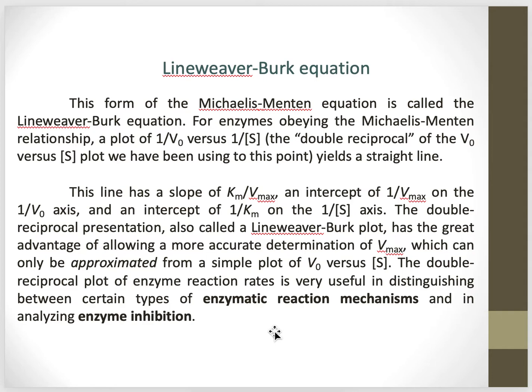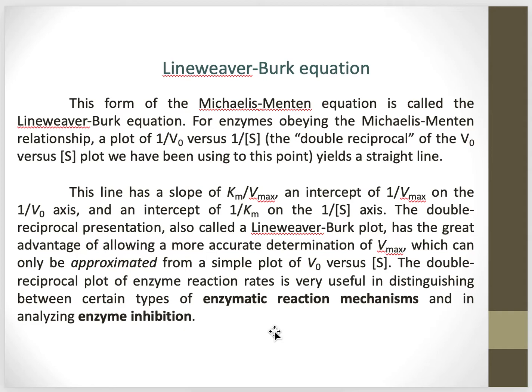In the beginning I told you I would explain why the Lineweaver-Burk equation is necessary. What is the use of this kind of equation, such as the Michaelis-Menten one or this one? We need the equation to study enzyme kinetics, to determine or calculate their Vmax and V0, that means the rate of the reaction. We can definitely do that using the Michaelis-Menten equation.